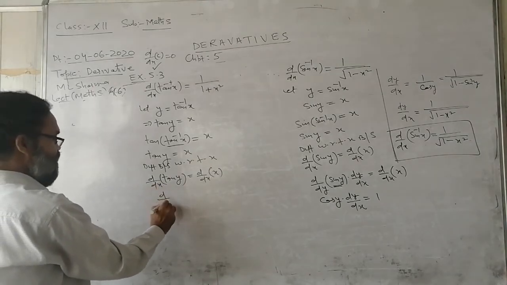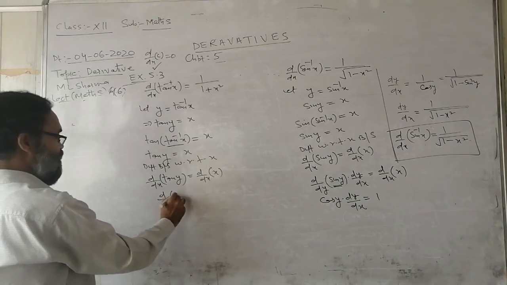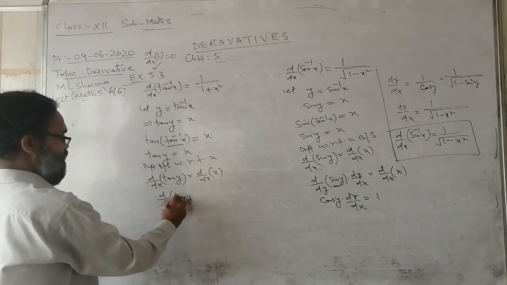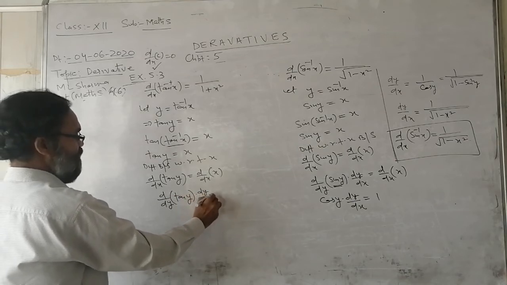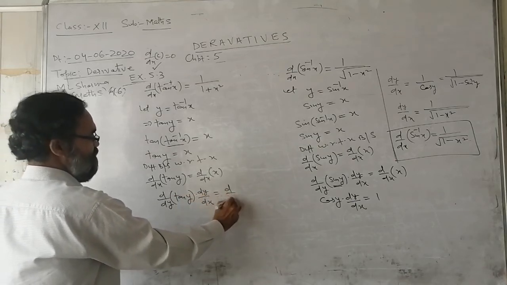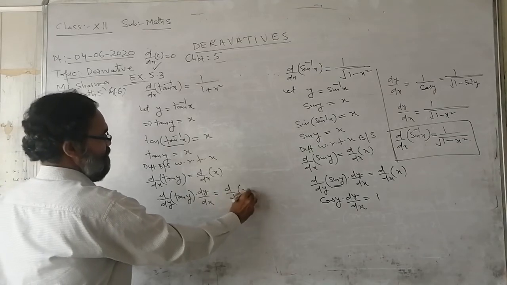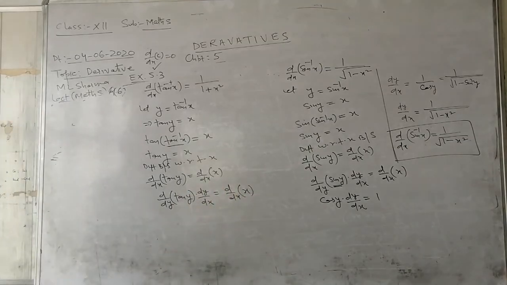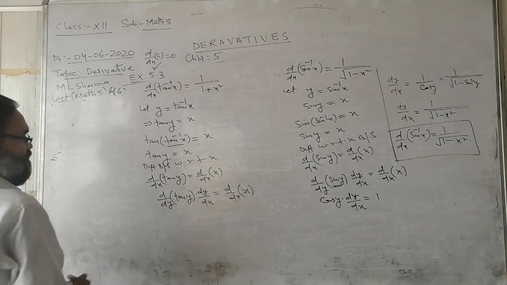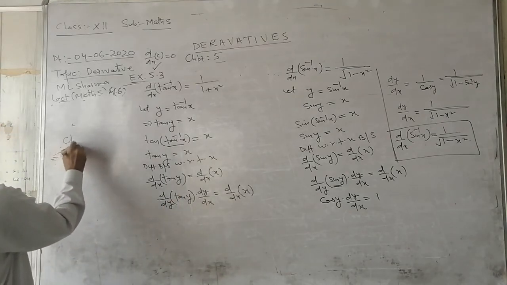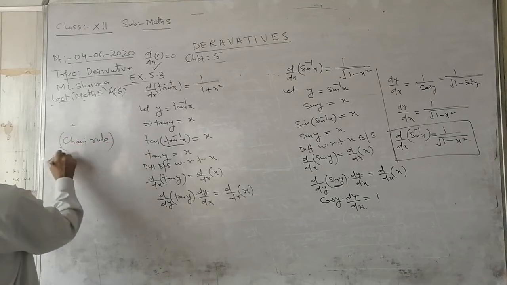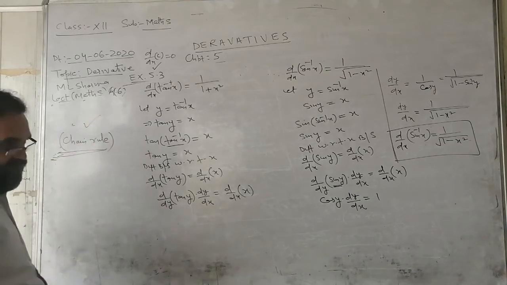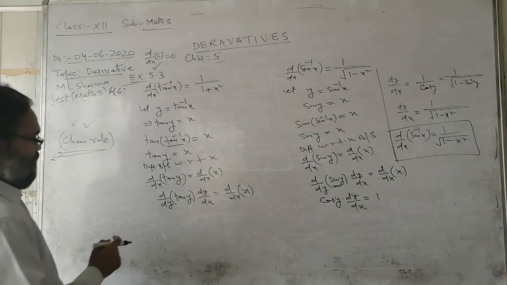I can write d upon dy of tangent y into dy upon dx, and this is d upon dx of x. So this is change of variable. This is called chain rule. So we will solve questions on chain rule next time.